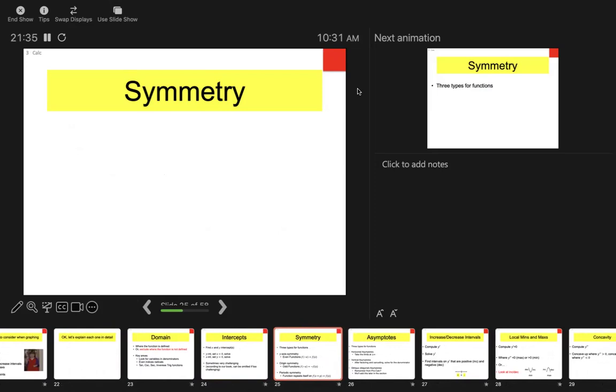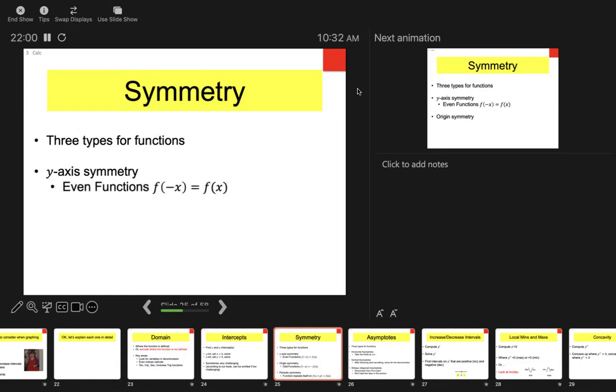All right, remember how to calculate symmetry? This is from pre-calc. We had y-axis symmetry, we had origin symmetry, we had x-axis symmetry. Remember how to do that? Okay, so let's just write it down. The 3 types of symmetry we will be looking for is y-axis symmetry. That means it can be rotated about the y-axis. This is the one where you plug in negative x and nothing happens.